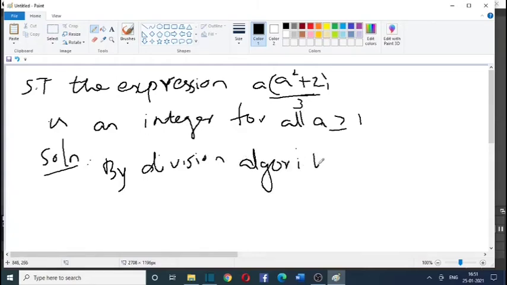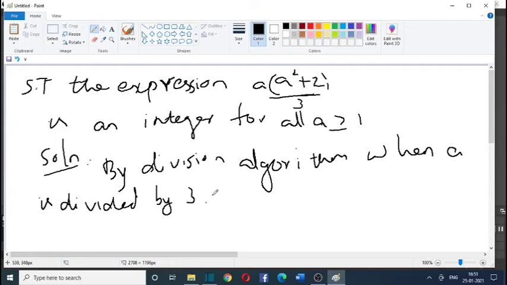when a is divided by 3, remainders are 0, 1 and 2.